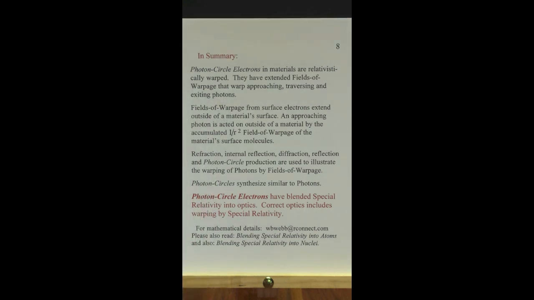The field of warpage of the photon circle electrons extends outside of the material surface, so that an approaching photon is acted on outside of the material by the accumulated 1 over r squared field of warpage of the material's surface molecules. And then refraction, internal reflection, diffraction, reflection, photon circle production, all of these are used to illustrate the warping of photons by the fields of warpage.